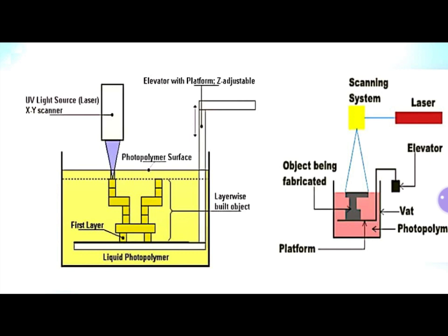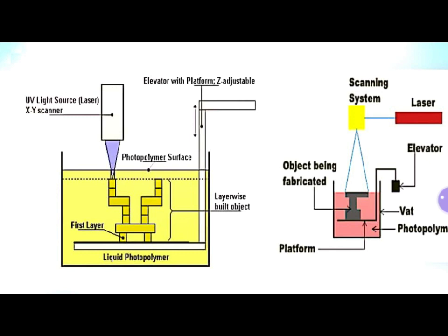The laser light is used in order to cure the liquid photopolymer, so that the liquid turns into solid depending upon the movement of the scanner, either in x direction or y direction. When it moves to a certain length in x direction, then that material is going to be cured.